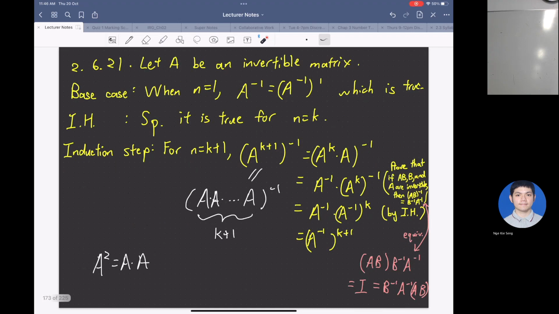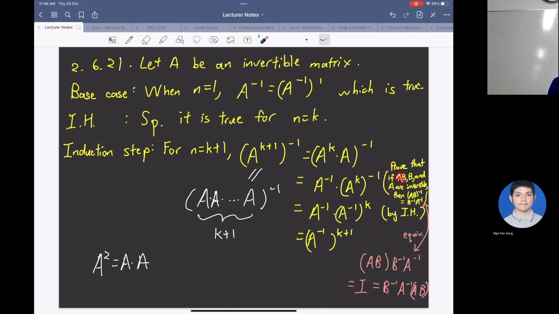And then 2.6.21, I want to include this because it tells you the power of induction. You can use induction to prove some properties in matrix theory. But in between, I think you need to have this lemma here.